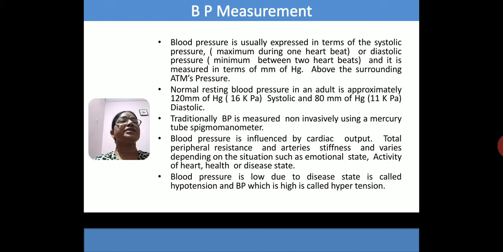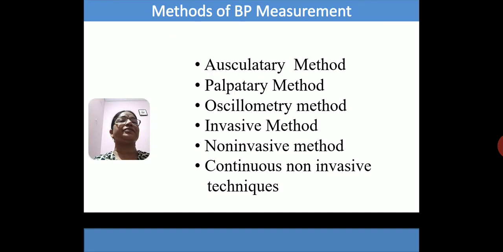Blood pressure is influenced by cardiac output, total peripheral resistance, and artery stiffness, and varies depending upon situations such as emotional state, activity of heart, health, or disease state. Blood pressure is low due to a disease state called hypotension, and if the blood pressure is high, that disease status is called hypertension.